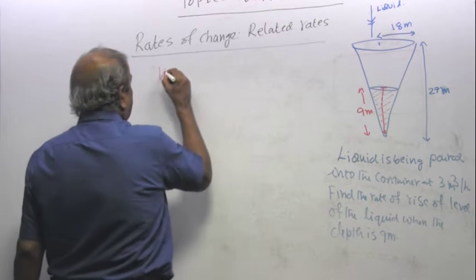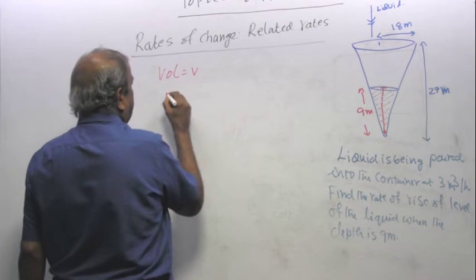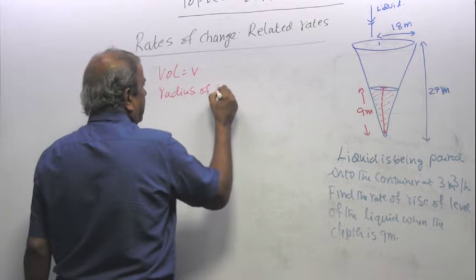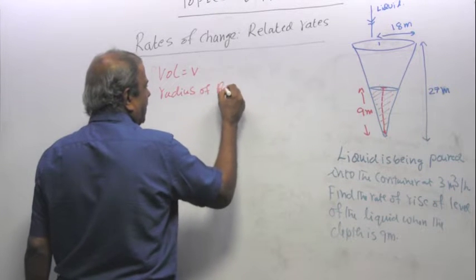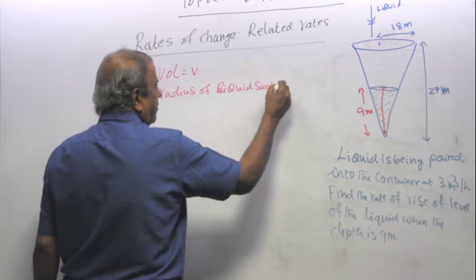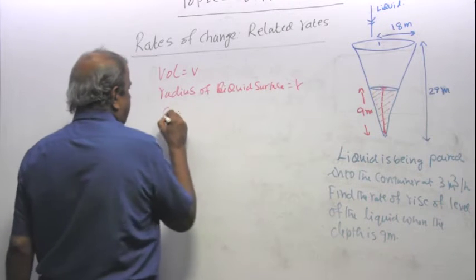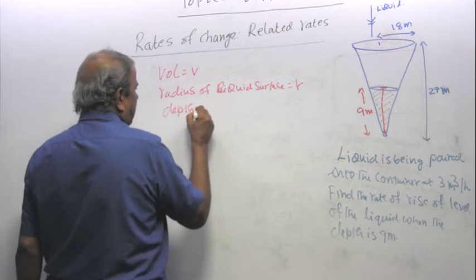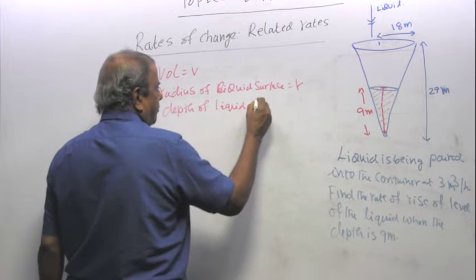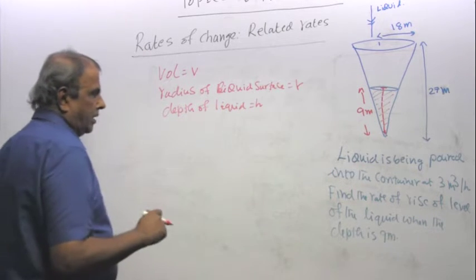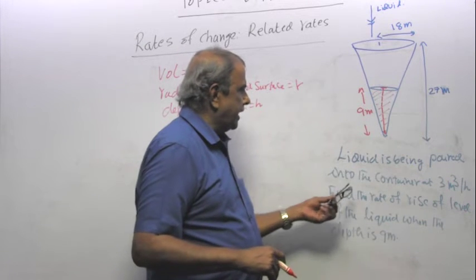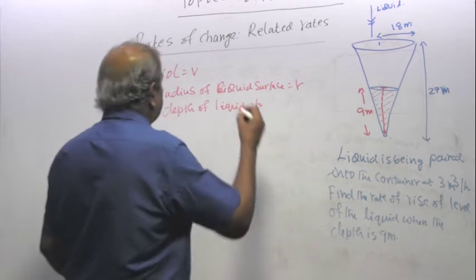So volume is V, radius of the liquid surface is R, and depth of liquid is H. You are being given that liquid is being poured into the container at 3 meter cube per hour.